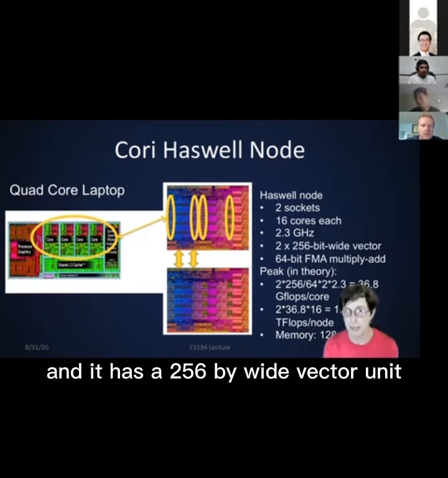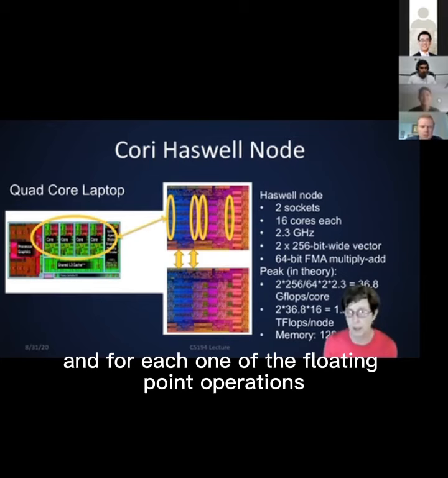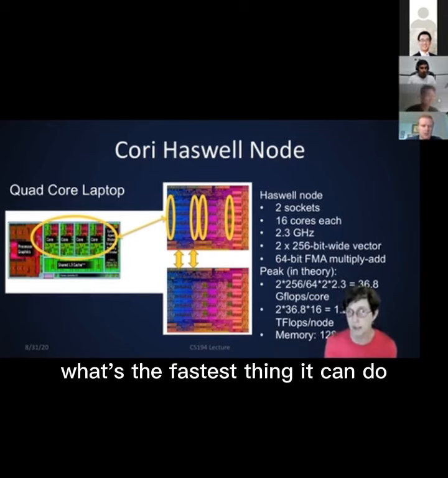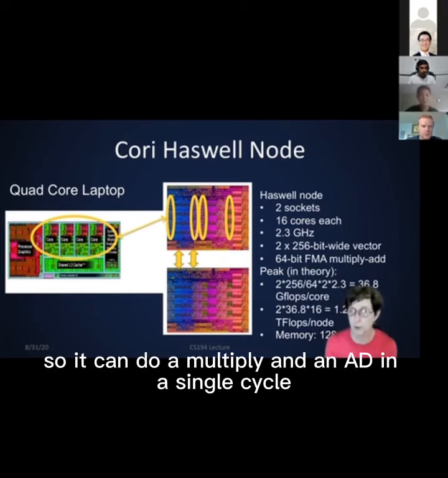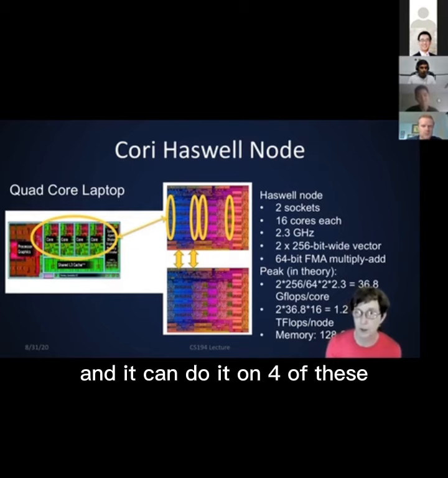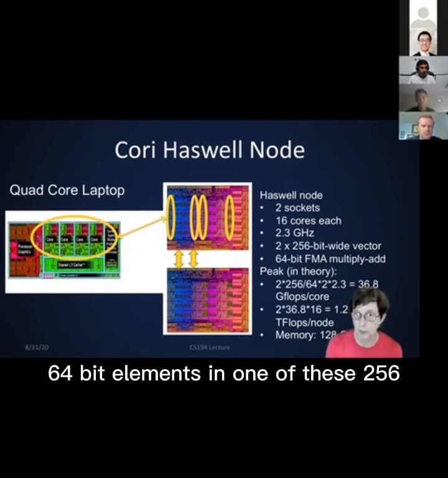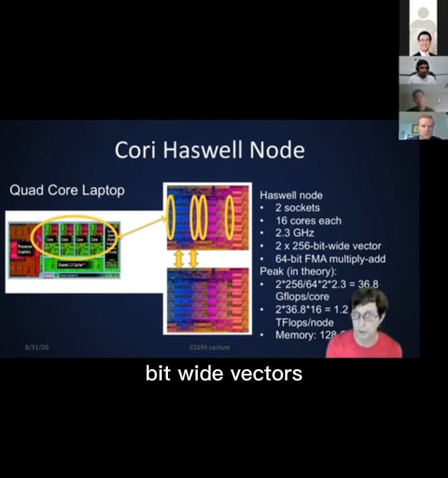And it has a 256-bit wide vector unit. And for the floating point operations, if you're looking at what's the fastest thing it can do, a fused multiply add. So it can do a multiply and an add in a single cycle. And it can do it on 4 of these 64-bit elements in one of these 256-bit wide vectors.